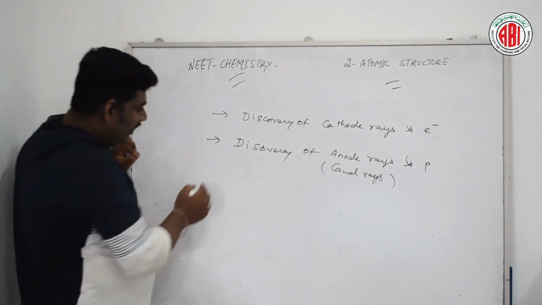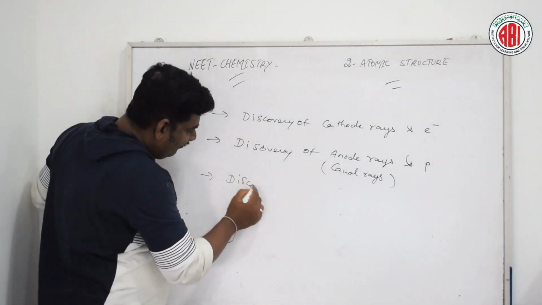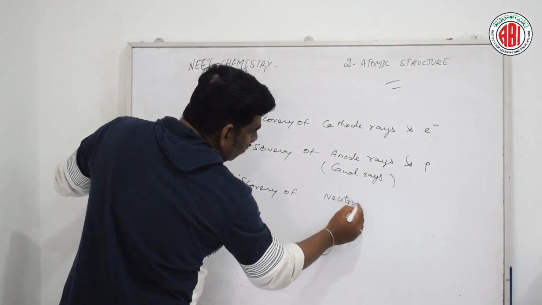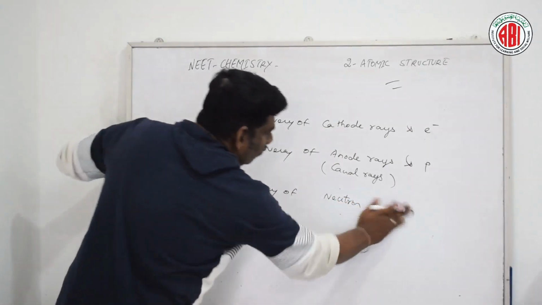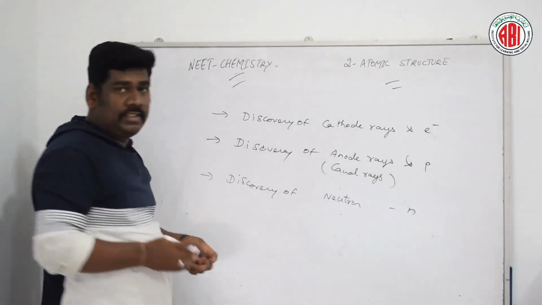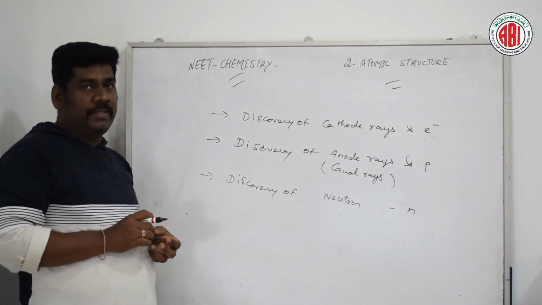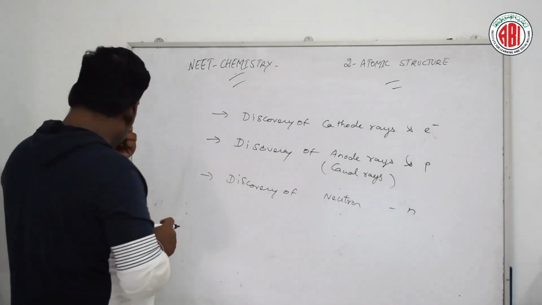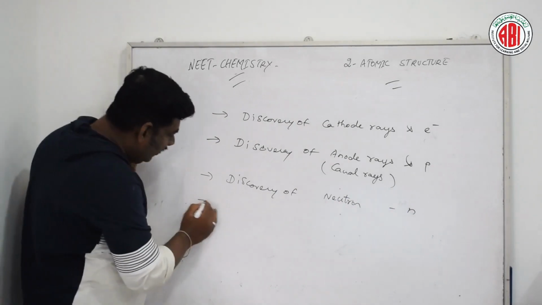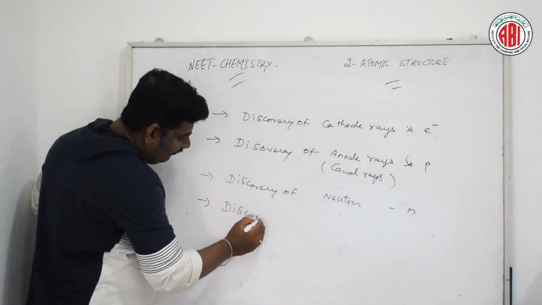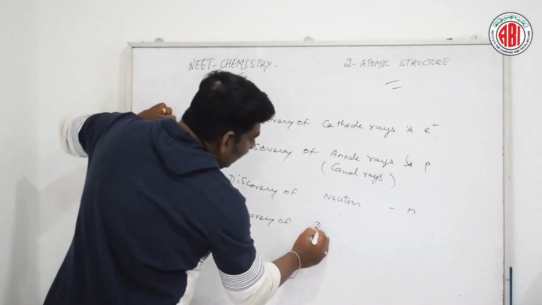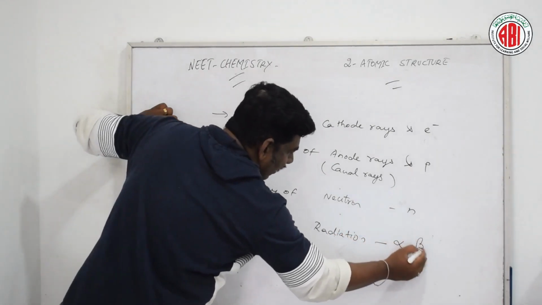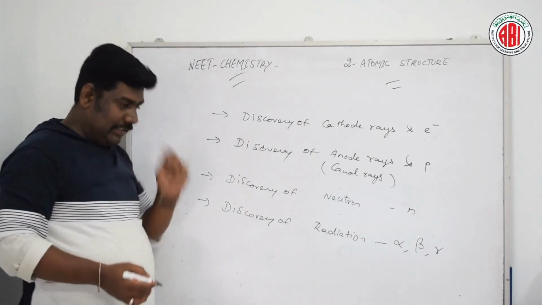Similarly, we discussed the discovery of the neutron, the neutral particle present at the subatomic level. Similarly, we discussed radiation, and in that category we discussed alpha, beta and gamma radiations in detail.